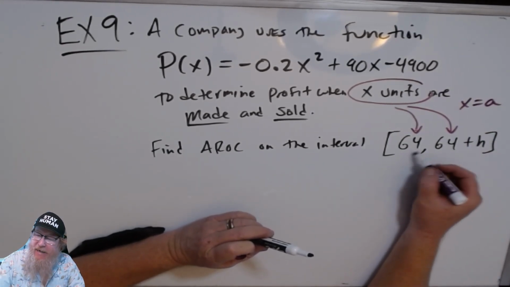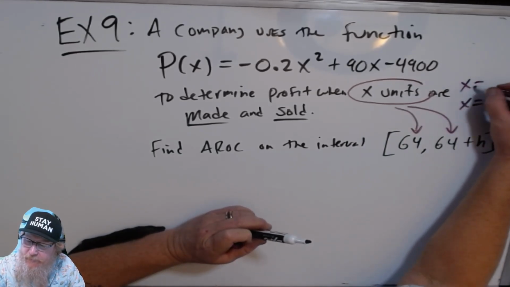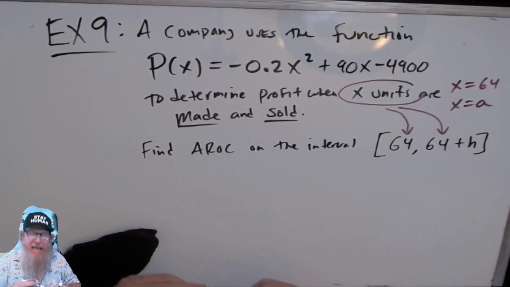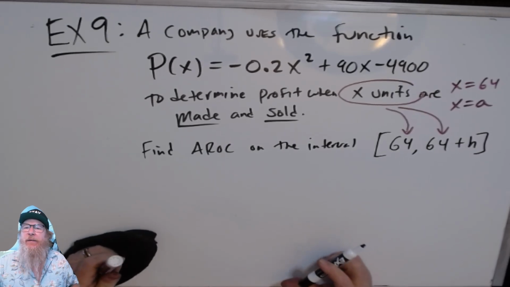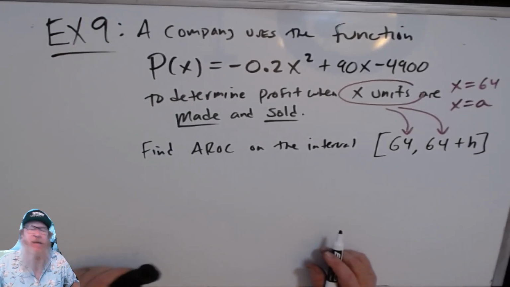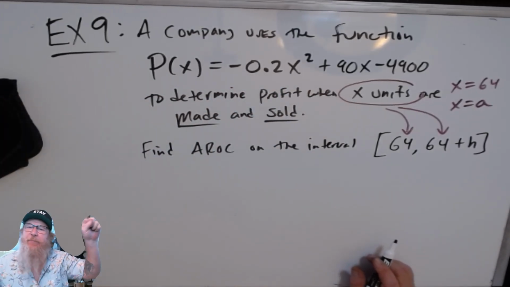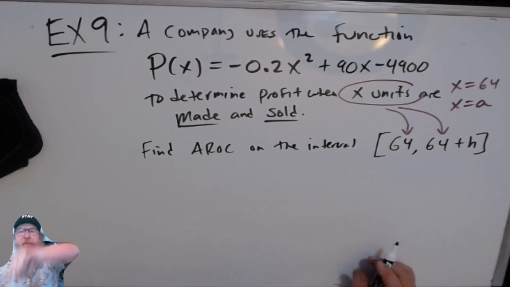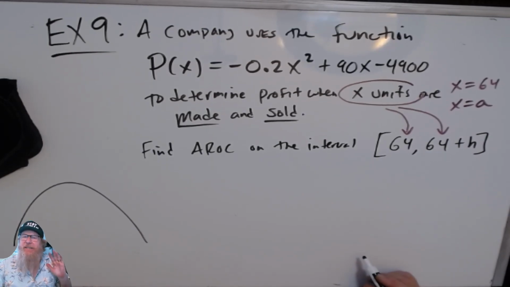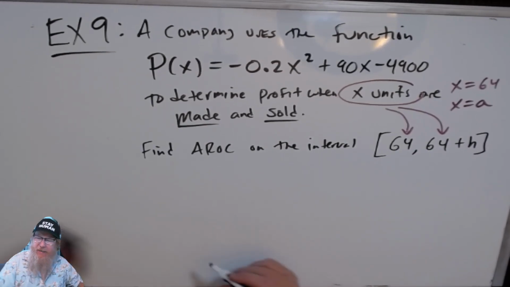So this is my A units. 64 units, 64 gizmos or gadgets or whatever they are. All right, now this one's very similar to one of the very first examples we did today where it's like a U-shaped graph, although this one's an upside down U like this, if I were to graph it. Probably take me longer to graph it than it would to actually solve this problem. So let's just get right to it.